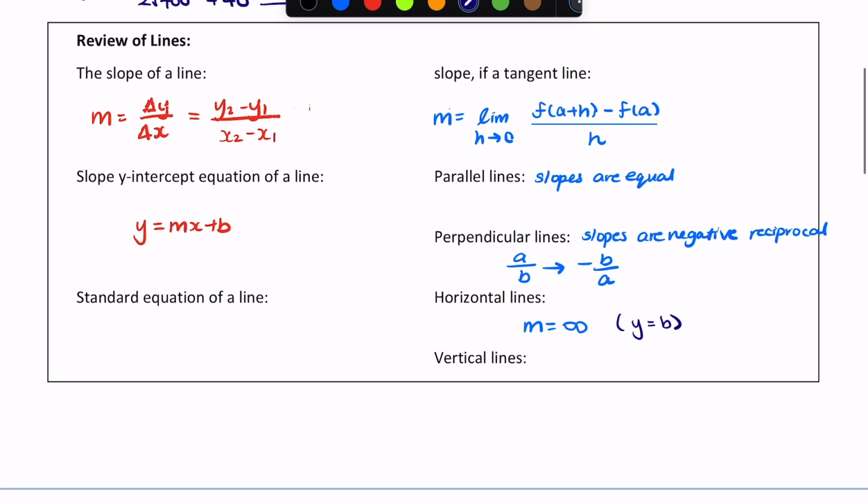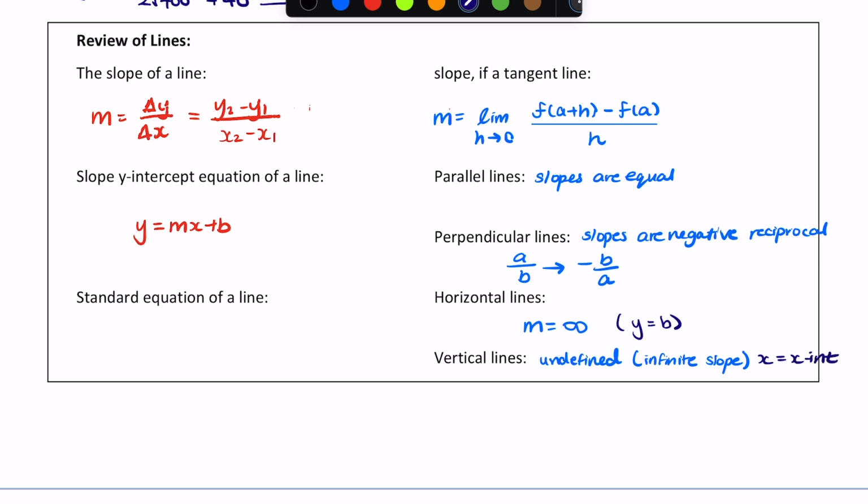And for vertical lines, the slope is undefined. And so what that really means is there's an infinite slope and the x value equals the x-intercept.